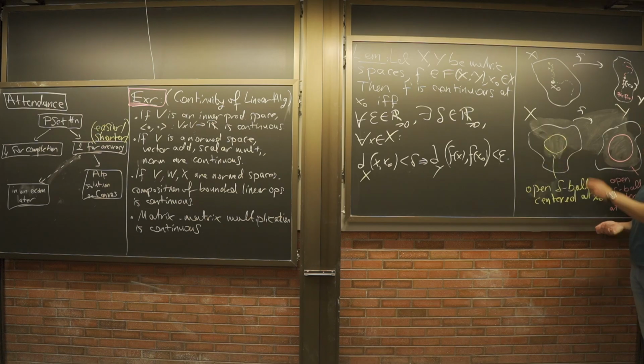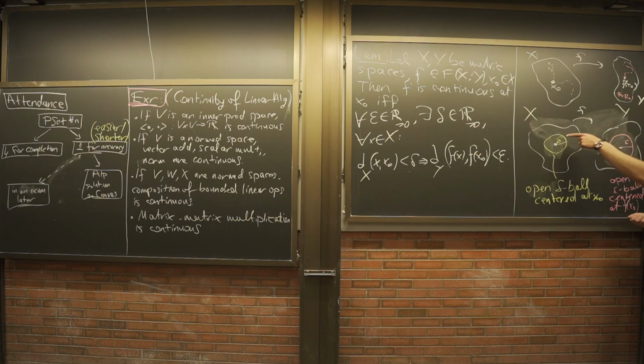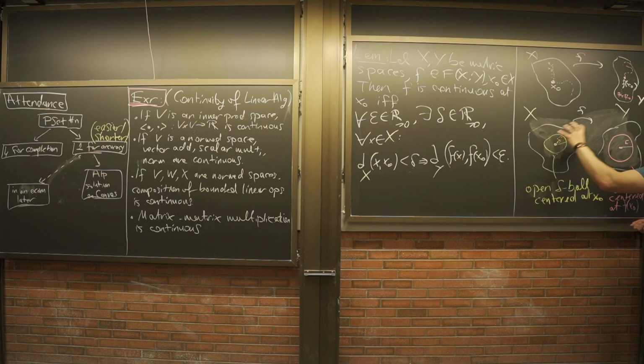That's the delta ball. Centered at x0, centered at f of x0. Okay. This statement is equivalent to this. For any epsilon, there's a delta such that if I were to take this delta ball and apply f to it, the image of this ball under f is going to be completely within this epsilon ball.